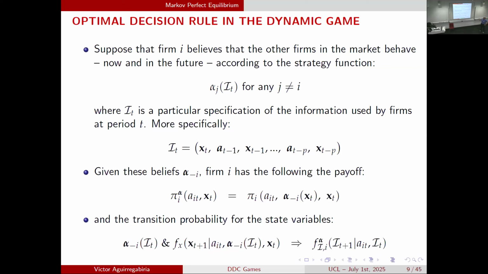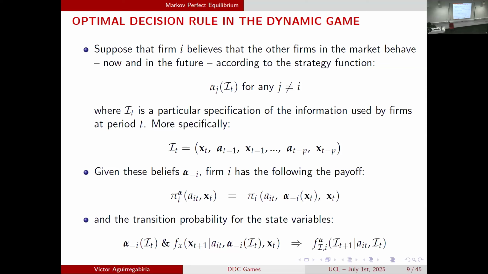Then suppose that we impose the restriction that when players make a decision rule, or a strategy, they consider strategies that depend on a particular vector of the history of the state variables that I call calligraphic I_t. And suppose that player i believes that all the other players have also this type of strategy.